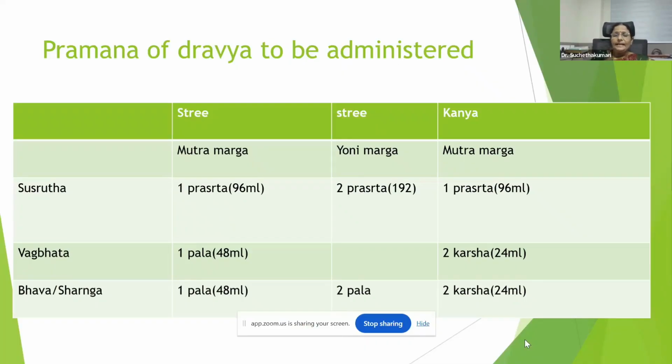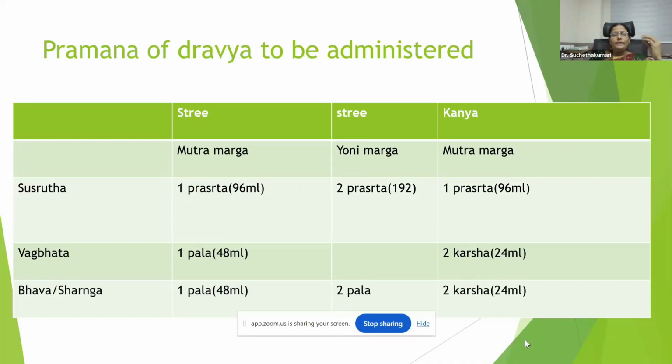But if it is the intrauterine Uttarabasti, wherein the medicaments have to be introduced into the uterus, the amount of medicament we take is usually 5 ml, and out of 5 ml we are not able to push all of it into the uterus because the capacity of the uterine cavity is very less. It may be somewhere around 1.5 ml to 2 ml.